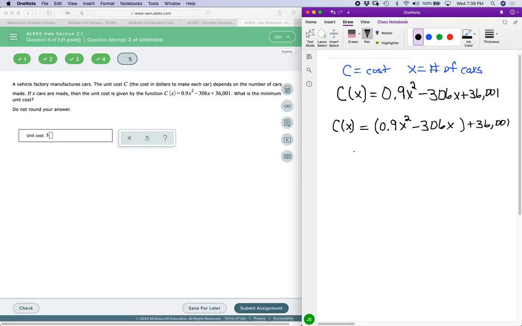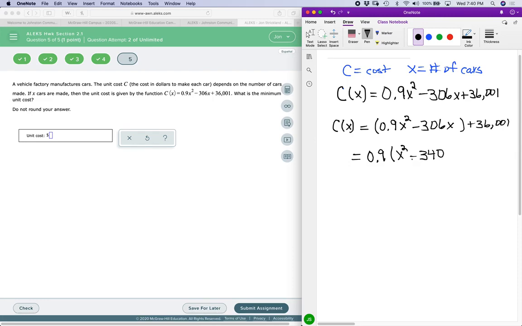Again I want the first term to be x squared, so I can move the 0.9 over, factoring out 0.9, and we have x squared, and negative 306 divided by 0.9, so that's going to be 340.